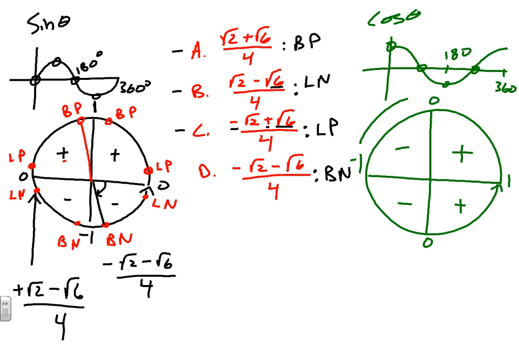So as we tour around cosine, at this position, we're positive and big. We're close to 1. This is a big positive. Here we have a little positive. Now we move into a negative quadrant. At 105 degrees, cosine would be negative and little.